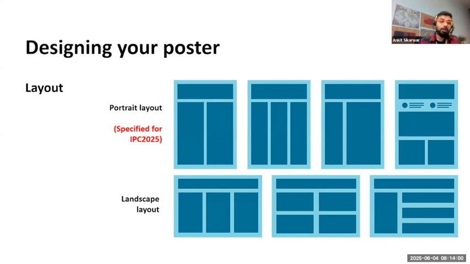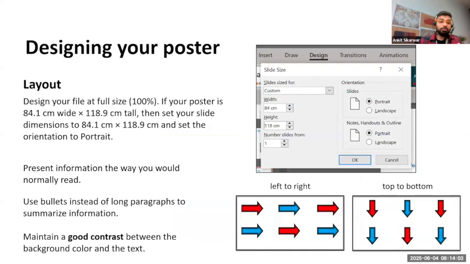Now, when it comes to laying out your poster, there are typically two options you will encounter: landscape and portrait. While the IPC 2025 specifies a portrait layout, many conferences allow either, and both have their own advantages. What matters most is not the orientation, but how you organize the information within that available space, whether portrait or landscape.